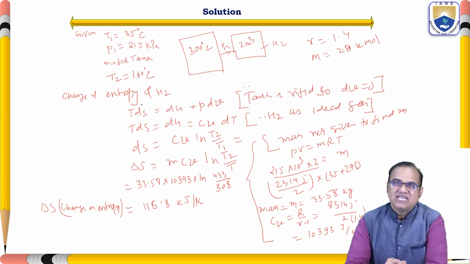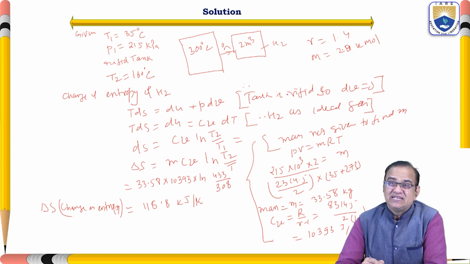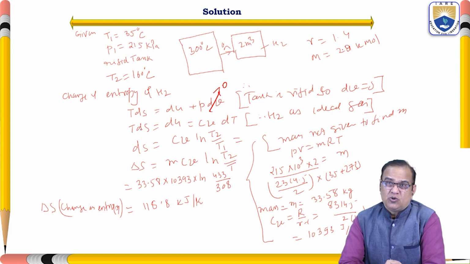It is given. Change of entropy of hydrogen: we know that TdS is equal to dU plus PdV. The tank is rigid, so dV is equal to 0, so work done is equal to 0. So TdS is equal to dU, and this is CV dT. So dS is equal to CV log T2 by T1.